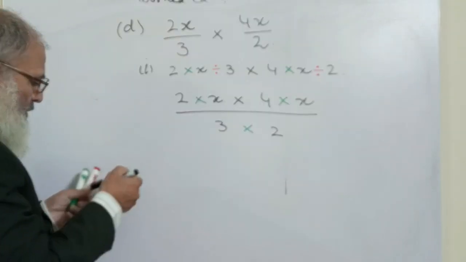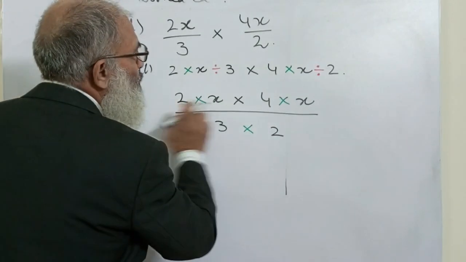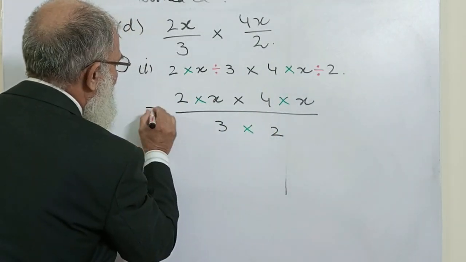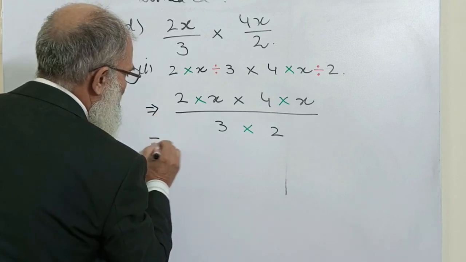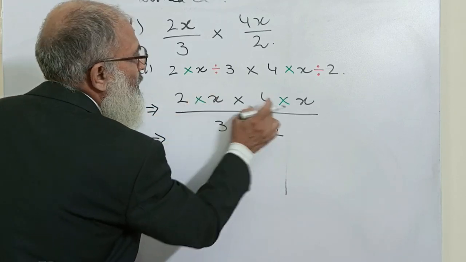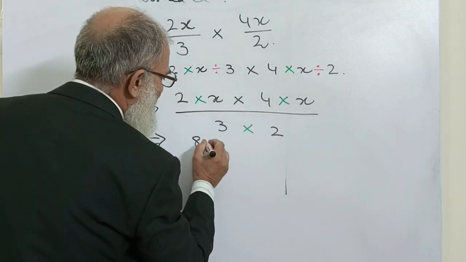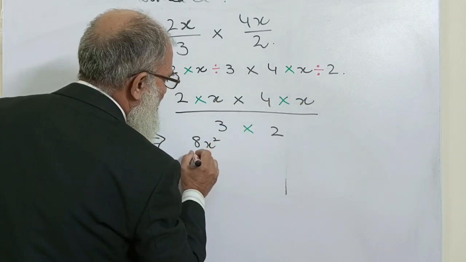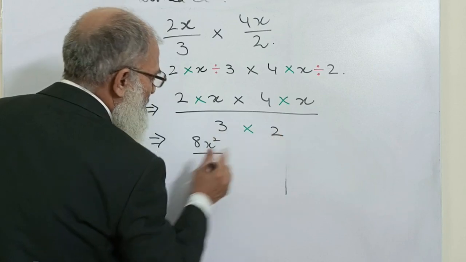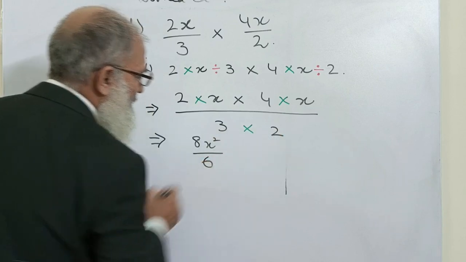So what is the outcome over here now? 2 multiplied by 4 is 8. x multiplied by x is x squared here. And 2 3s are 6.